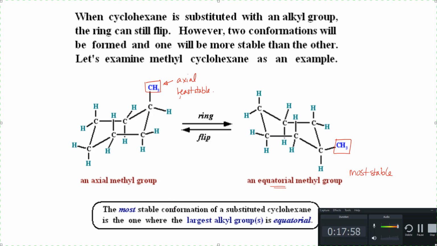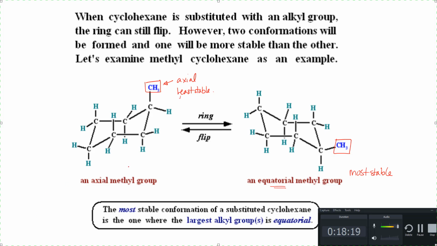And so the most stable conformation of a substituted cyclohexane is always the one where the largest alkyl group is equatorial. And it would be best if all the alkyl groups were equatorial, but that's sometimes not possible, as we'll see here in a few minutes.